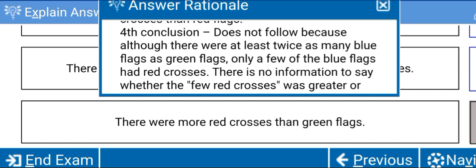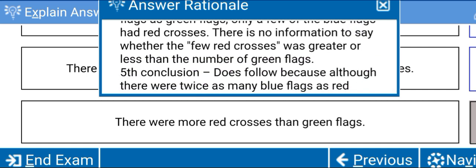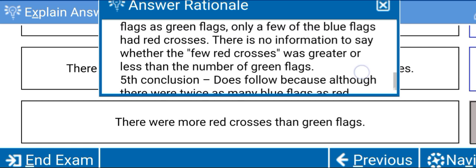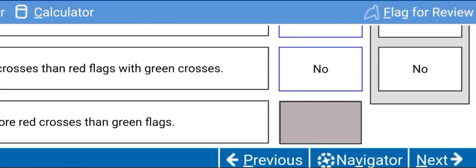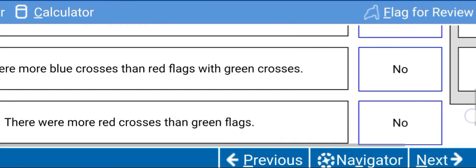There is no information to say whether the few red crosses was greater or less than the number of green flags. So, because of this, again the fourth conclusion does not follow, so we will drop a no in front of it.